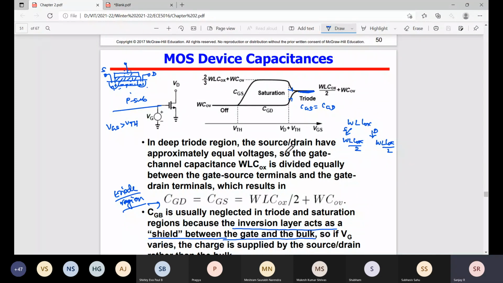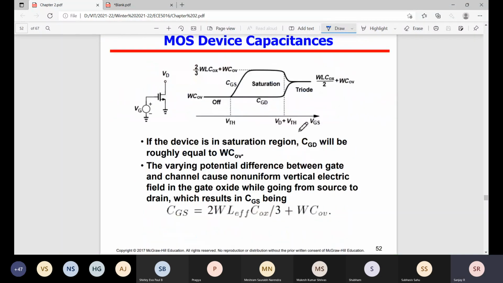Okay, so now we'll come to a very important region, saturation. What will happen in saturation? What happened to the channel? Pinch off. Pinch off means whatever charge at drain, what about the charge at source? Charge at source is higher than drain.